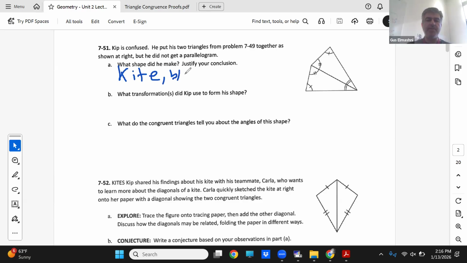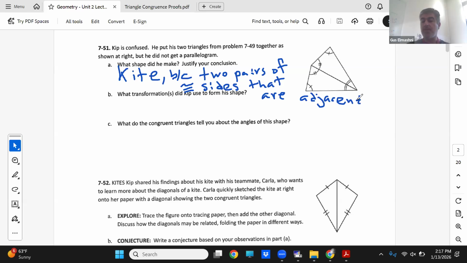And that's because you have two pairs of congruent sides that are adjacent.